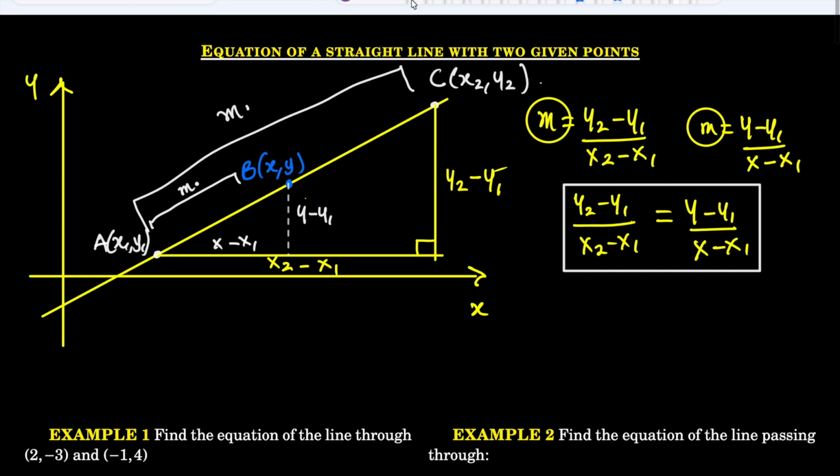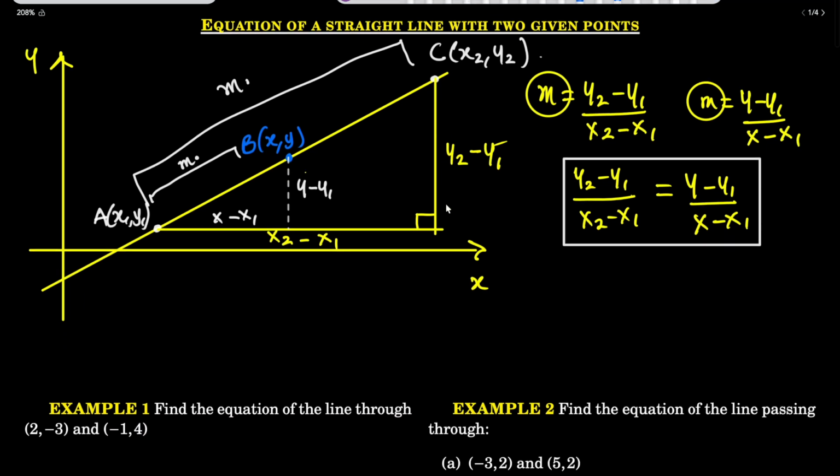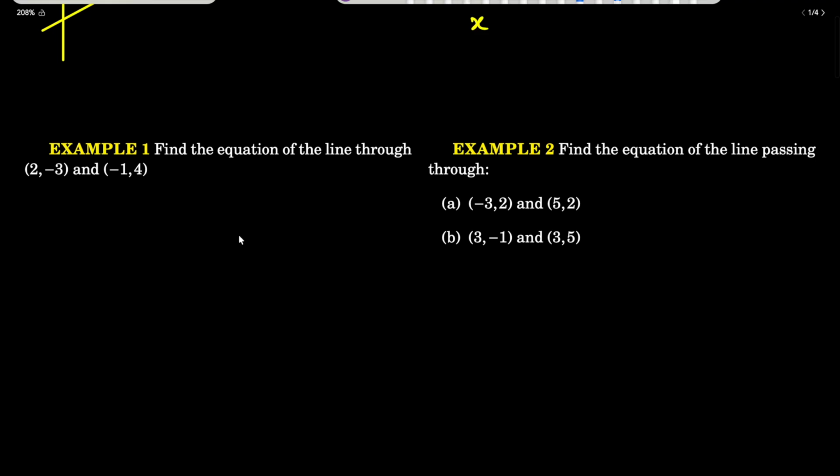And let's apply this understanding to our examples. In example 1, don't forget that the formula we are using is y2 minus y1 over x2 minus x1 is equal to y minus y1 over x minus x1.